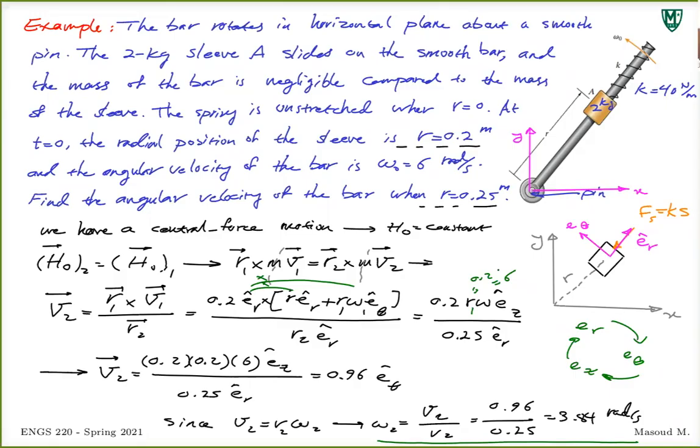I had the position at point 1, I had the angular velocity at point 1, and I knew the position at point 2. So I got velocity. I got my velocity is 0.96. Now, once I know velocity at point 2, well, velocity in polar coordinate in theta direction is equal to r omega, right? So I can find angular velocity at that point.